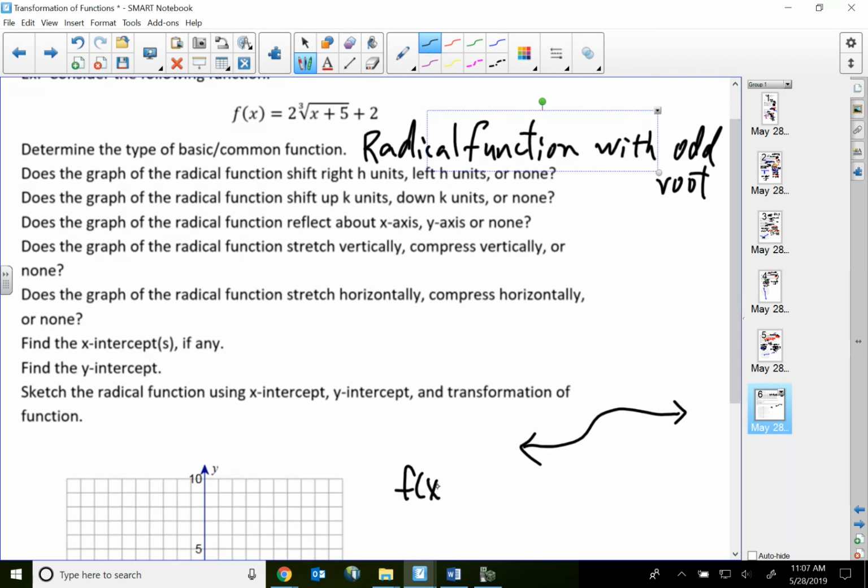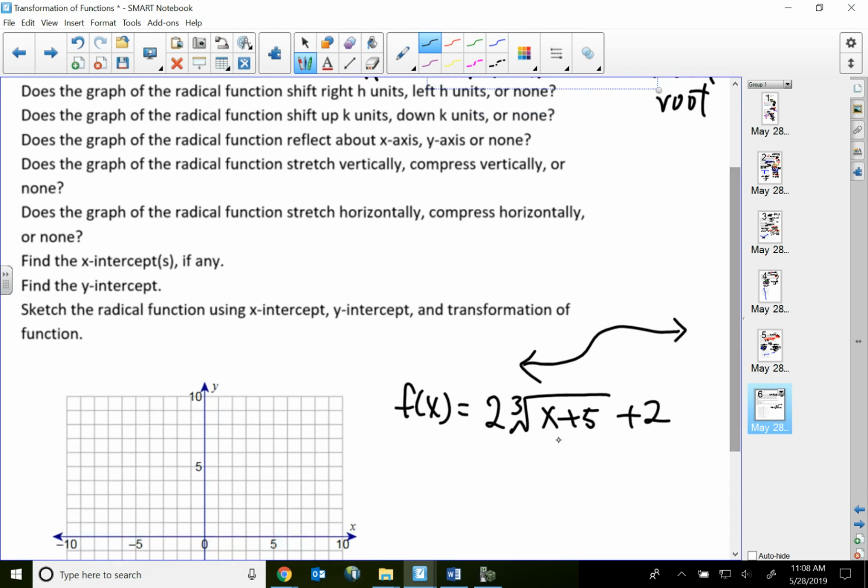In this particular example, I don't think there's anything we need to rewrite, because inside your function is x minus h. The x is 1x already, so I don't have to do anything extra. My b is 1. My a is just 2.